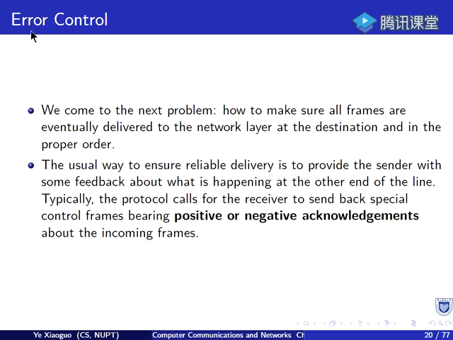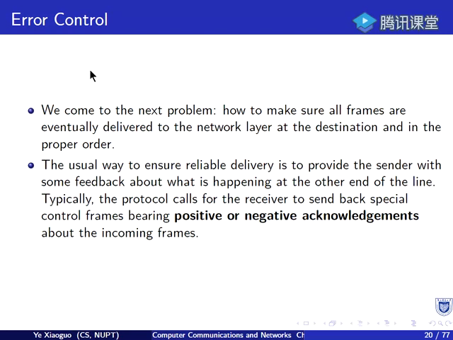Now we will talk about error control. Error control includes error detecting and error correction. So we come to the next problem: how to make sure all frames are eventually delivered to the network layer at the destination and in the proper order.